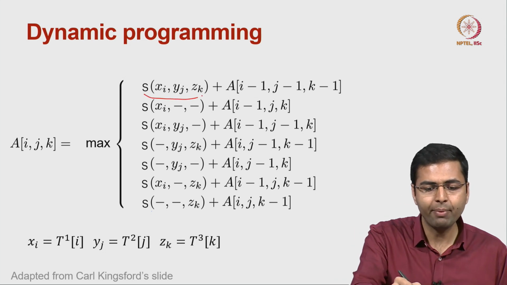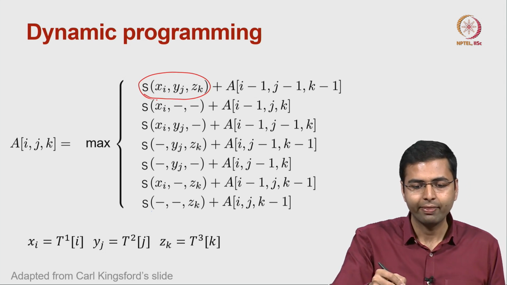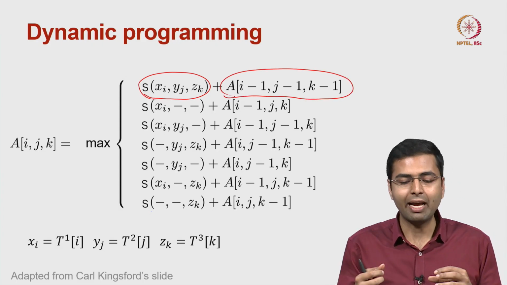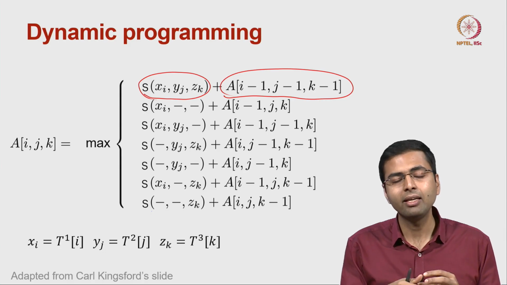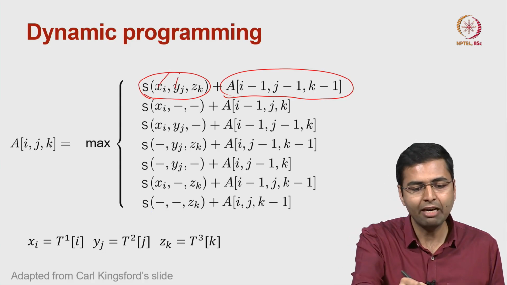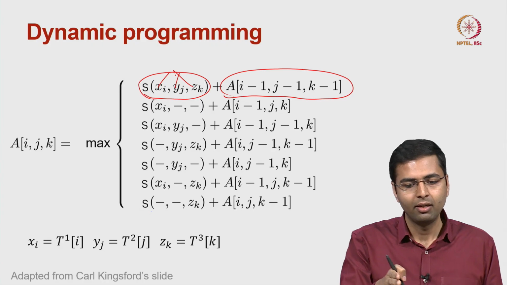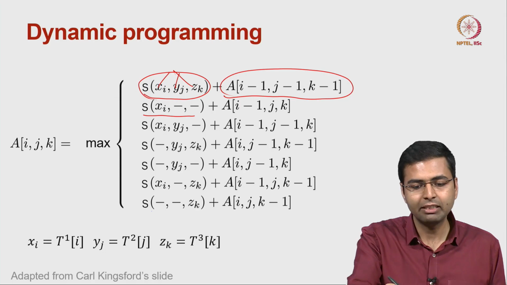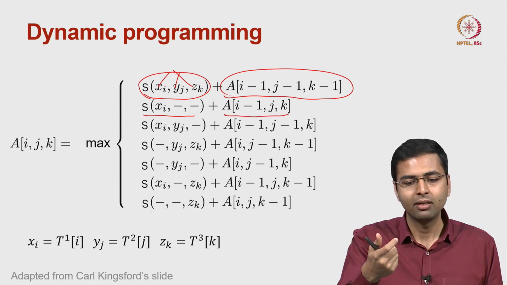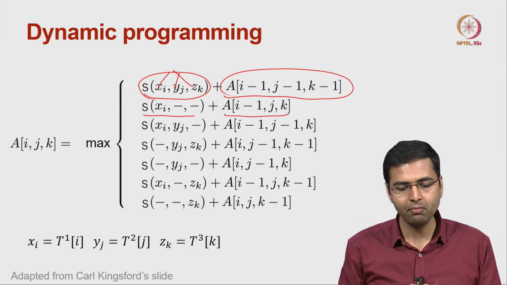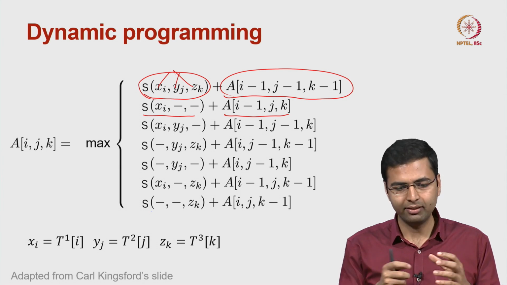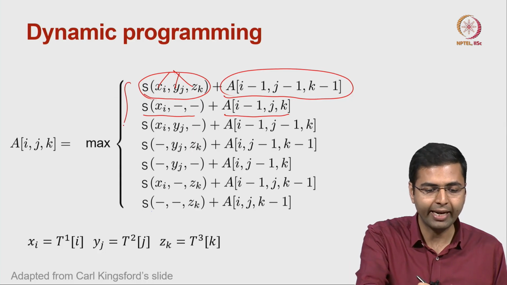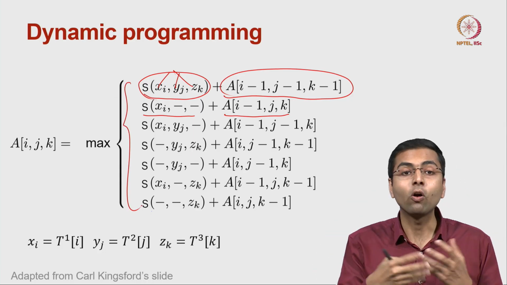Maybe the last column has all 3 symbols, in which case we will recurse using the previous value A(i-1,j-1,k-1), because the 3 symbols have been used in the last column. Similarly, the other possibility is xi, dash, dash, in which case we would use A(i-1,j,k). So, as you can see, this is extending the pairwise alignment concept, except that now we have to consider multiple cases because the column length is longer.